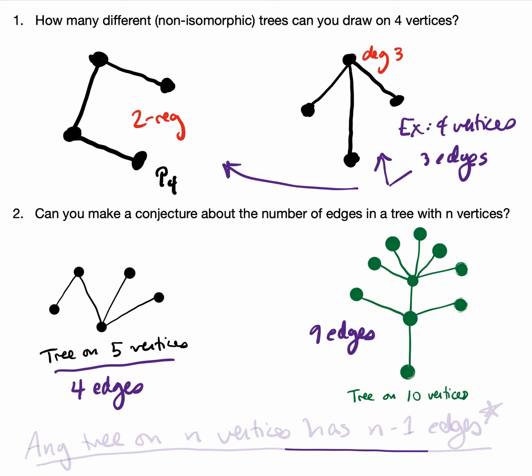So in the examples you drew, you may have observed that there will always be one less edge than there are vertices. So in other words, any tree on n vertices has n minus 1 edges. So any tree on n vertices has exactly n minus 1 edges. That is a useful fact that we will use in the future, so keep it in mind.